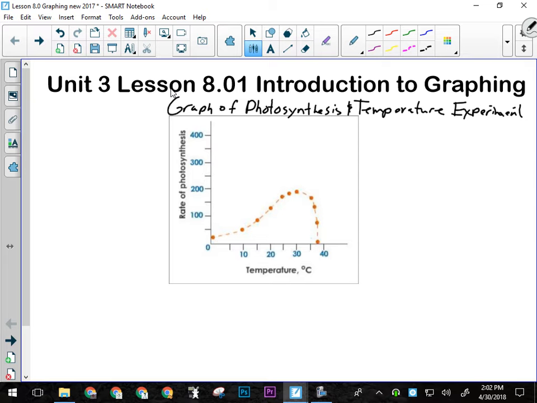That says I was doing this experiment, I was comparing these two things, this is the data I got. So first off, all graphs have to have a descriptive title.